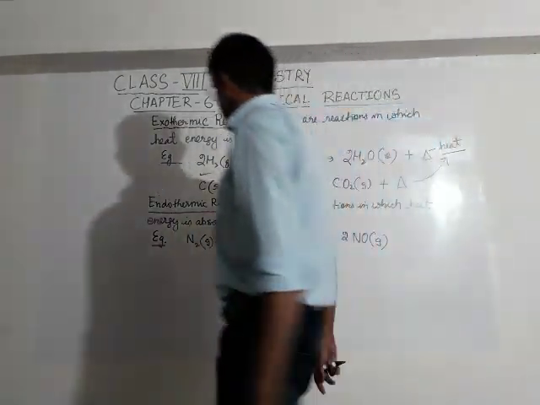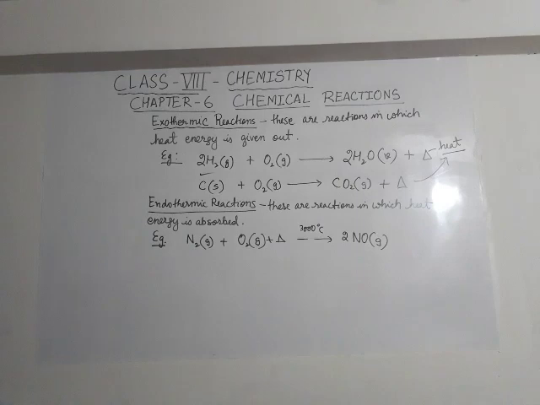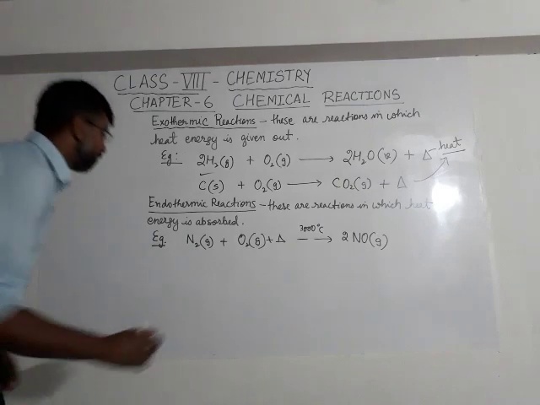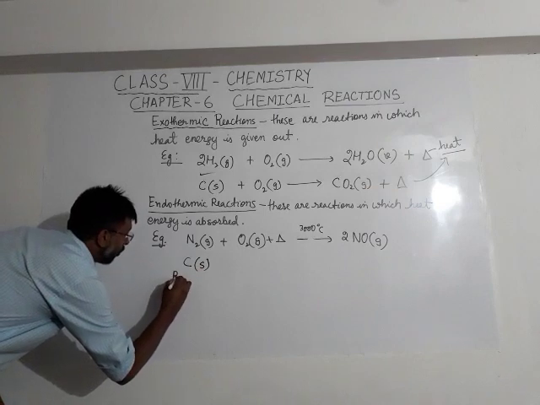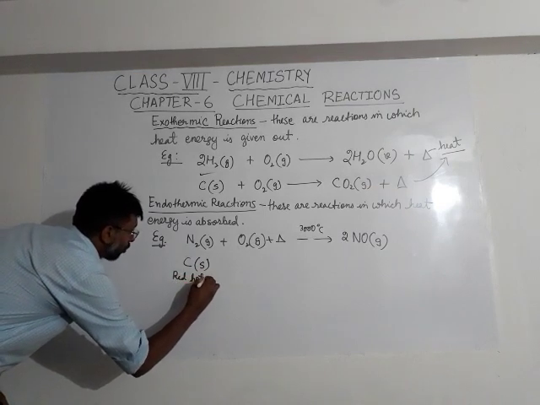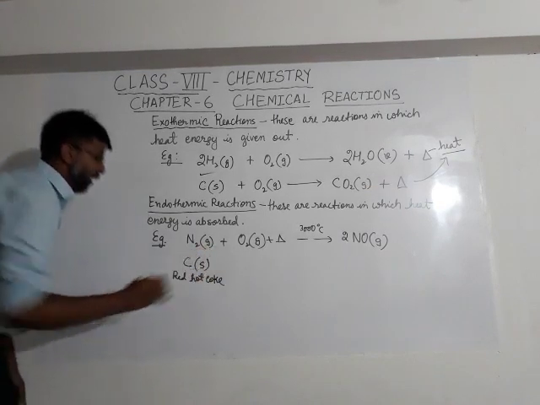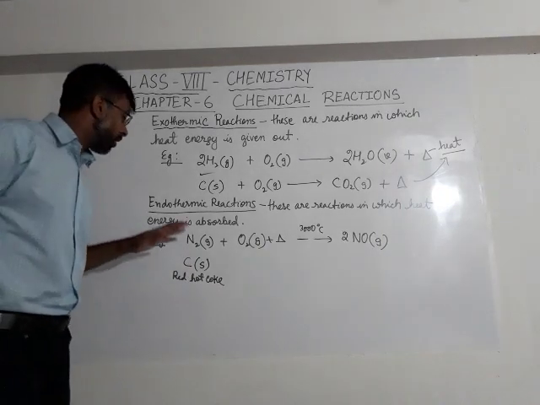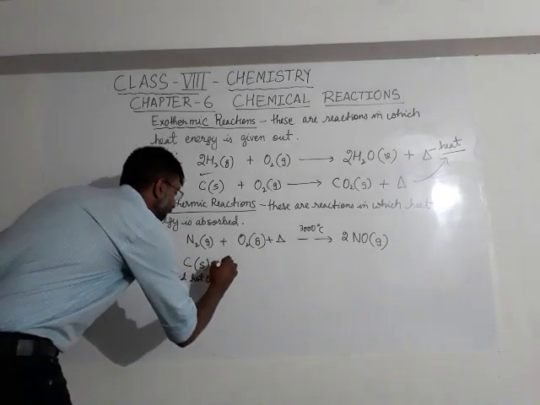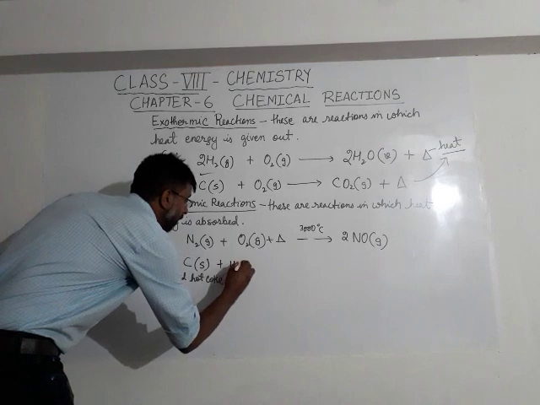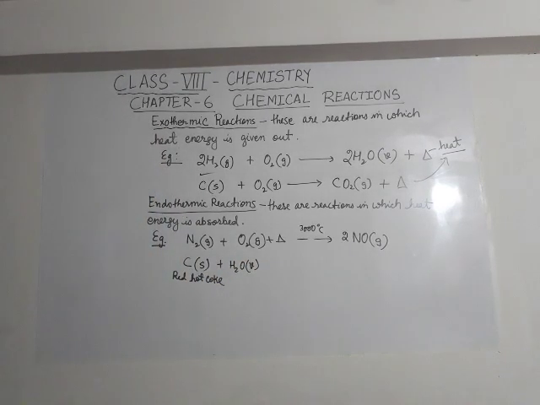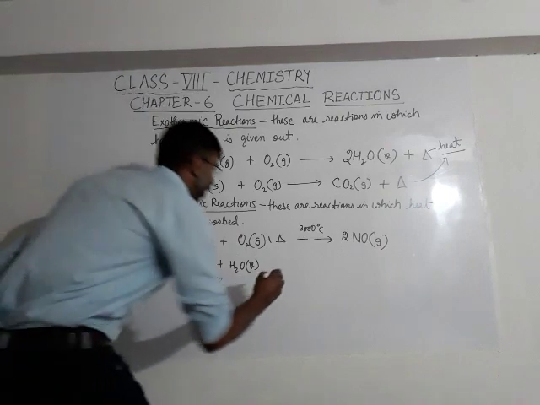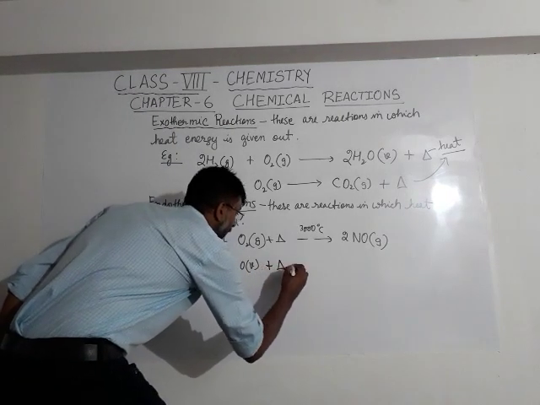Now, the next example of endothermic reaction is red hot coke, carbon. When I react red hot coke, carbon, with water vapor, I have to provide a lot of heat energy.